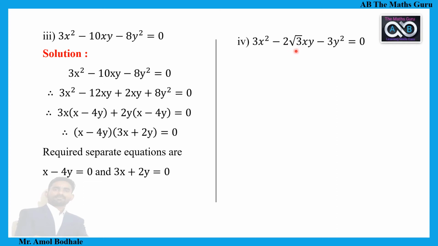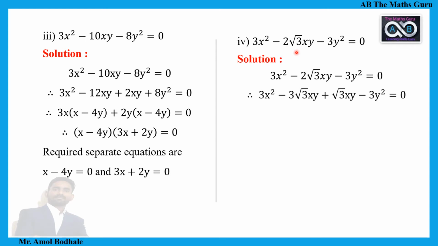Here the difference is in terms of root 3, so we have to think about numbers like 1 root 3, 2 root 3, 3 root 3 and so on. If we take the numbers 3 root 3 and 1 root 3, their product will be 3 root 3 into root 3, which is 9, and their difference is minus 2 root 3. So here we can write minus 2 root 3 xy as minus 3 root 3 xy plus root 3 xy. Let's take the common from the first two terms and the last two terms.